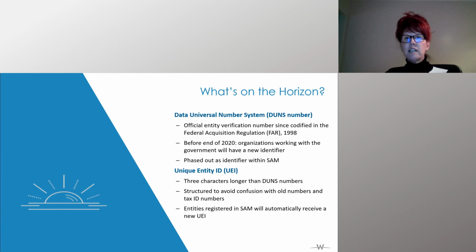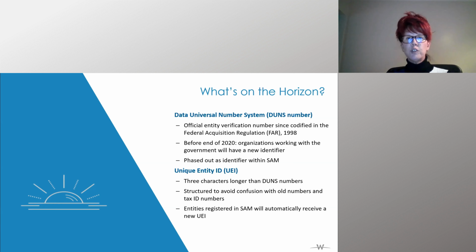So the Data Universal Numbering System, or DUNS number, has been the official entity verification number since 1998. So before the end of 2020, this year, organizations working with the government will have a new identifier. So the DUNS will be phased out, and the new entity identifier for records in SAM will be implemented.